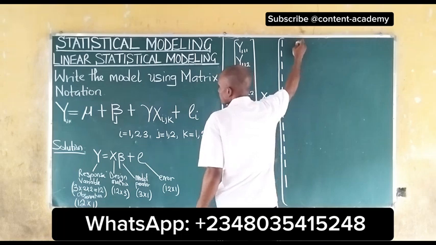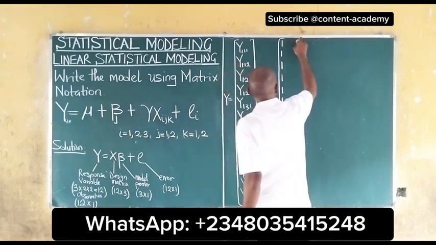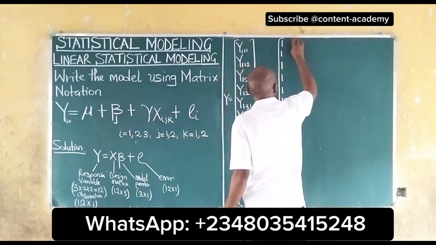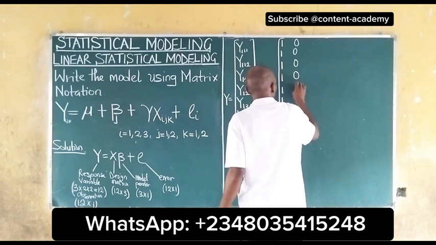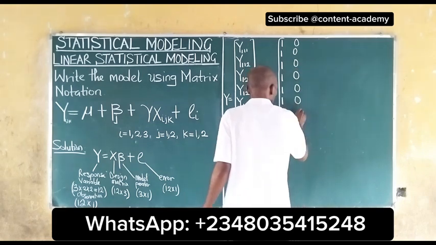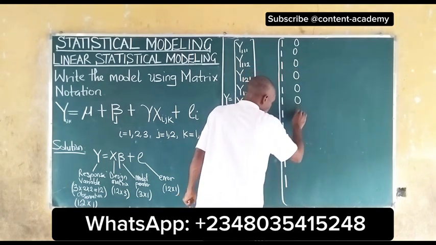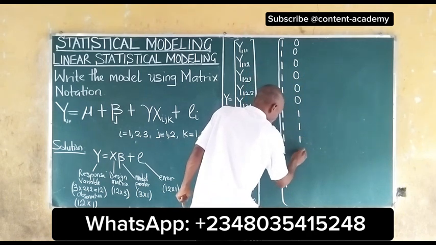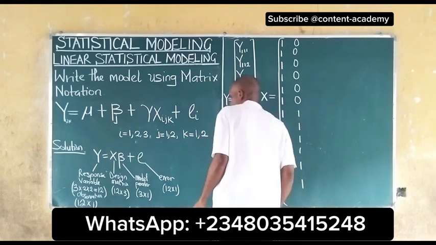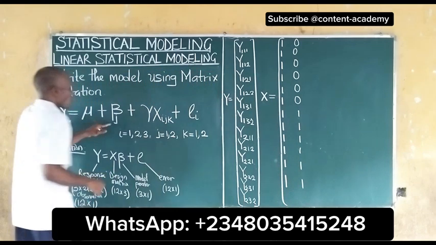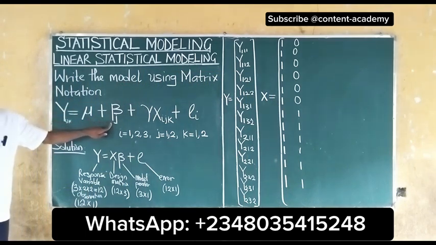The next one is beta_j, just the values for j. So we have 1, 1, 2, 2, 3, 3, and then the same again for the second group. So that is what we get for beta_j.